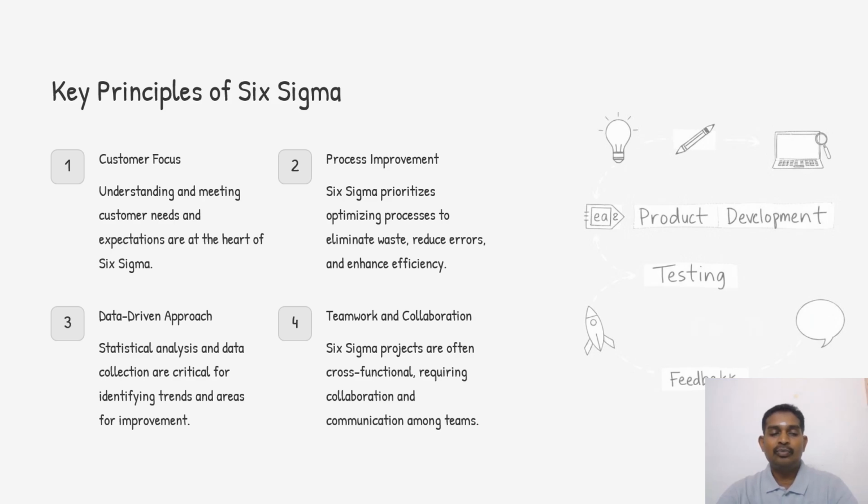In the data-driven approach, statistical analysis and data collection are critical for identifying trends and areas for improvement. Teamwork and collaboration: Six Sigma projects are often cross-functional, requiring collaboration and communication among teams.